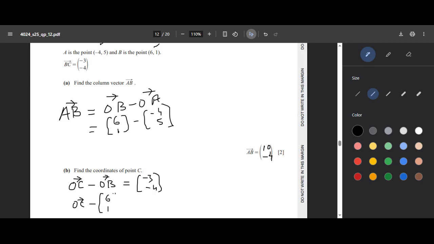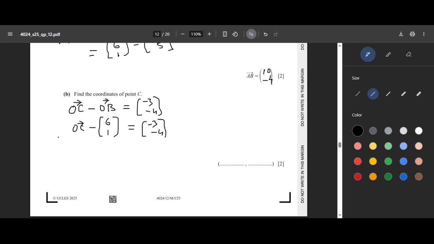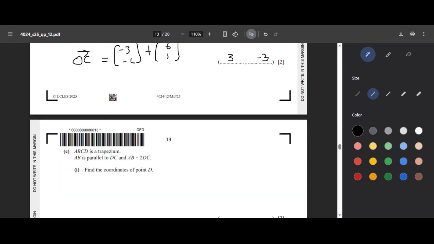OB के coordinates हैं जी 6 1 is equal to -3 -4. So OC is equal to -3 -4 plus 6 1. You will get 3, and -4 plus 1 is -3.